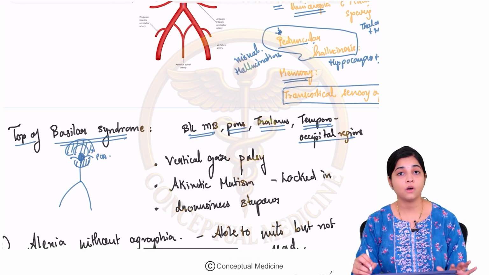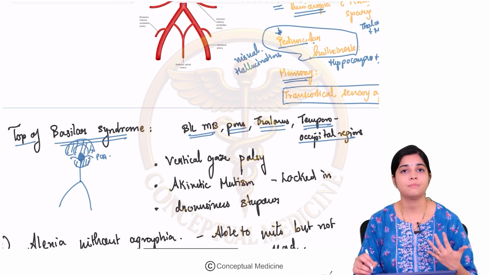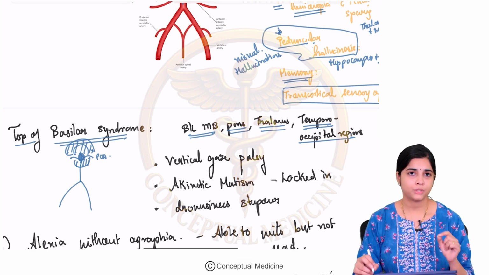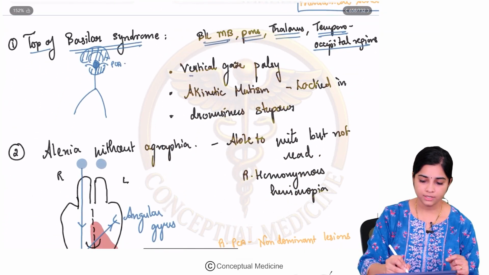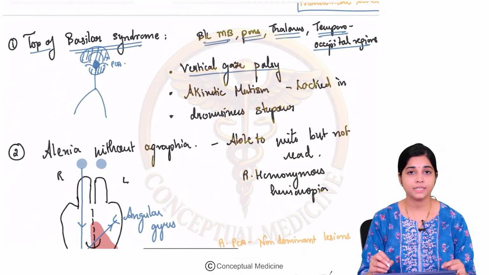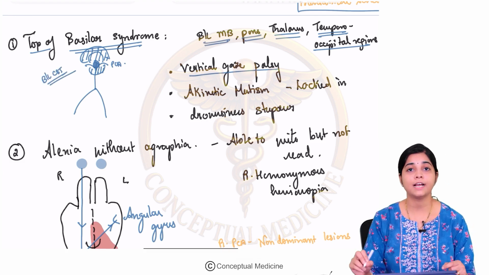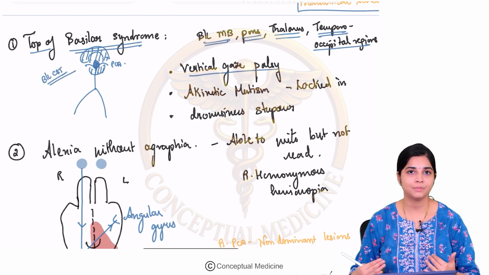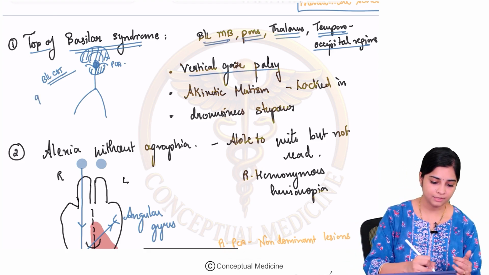What are the characteristic features? There is vertical gaze palsy. They can have bilateral corticospinal tract involvement, because the corticospinal tract comes down in the midbrain, right? Bilateral involvement means they will have quadriparesis.